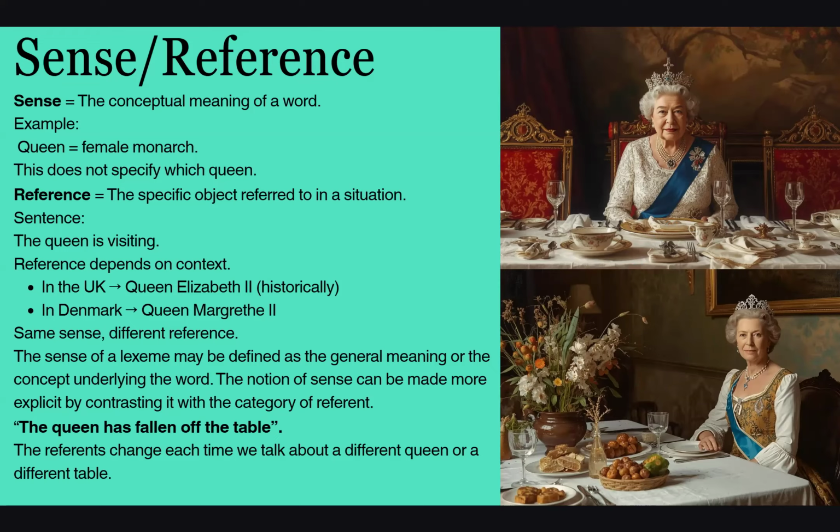On each occasion the sentence is uttered, there is one and only one referent of each word. The referent changes each time we talk about a different queen or a different table. Okay?